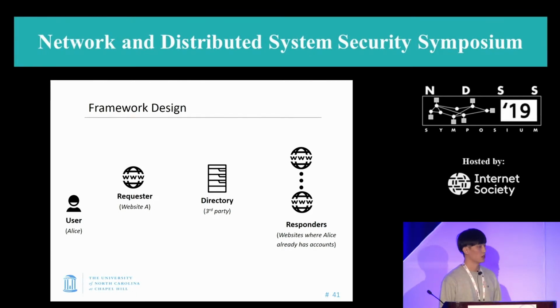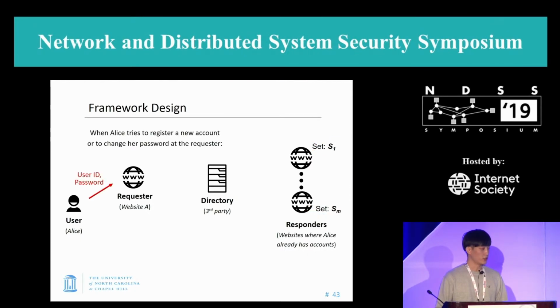Okay, now let's see how our framework works. First, each responder has a password set for Alice, which includes the hash of the password Alice registered earlier and its similar variants. When Alice tries to register a new account or to change her password at the requester, she submits her user ID along with a new password to the requester. The requester generates a PMT query and sends it to the directory.